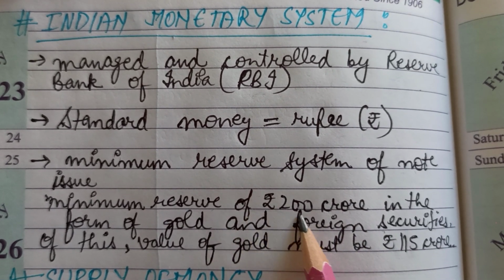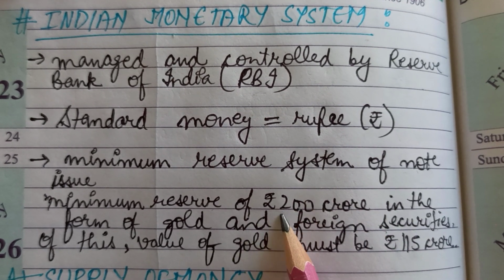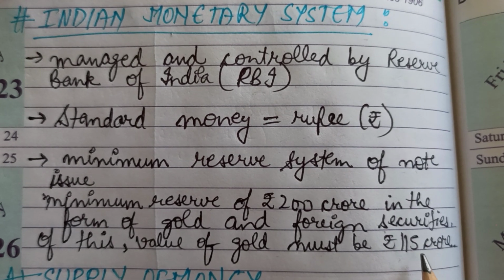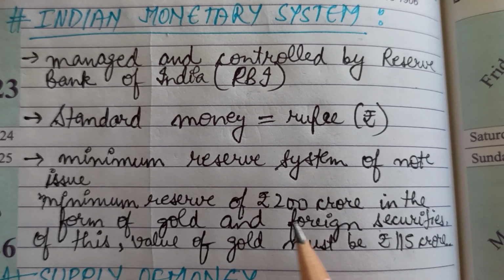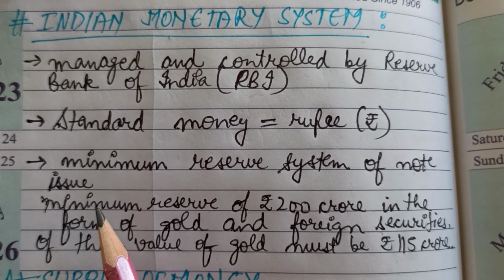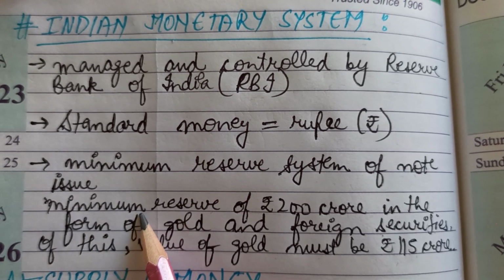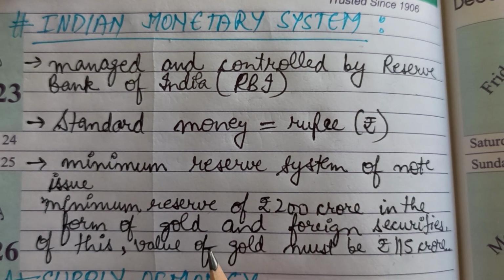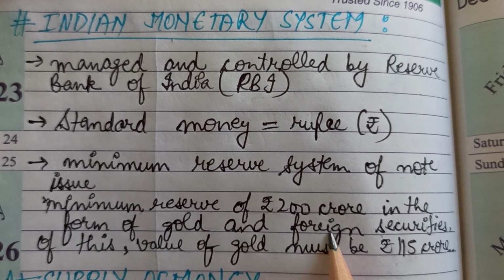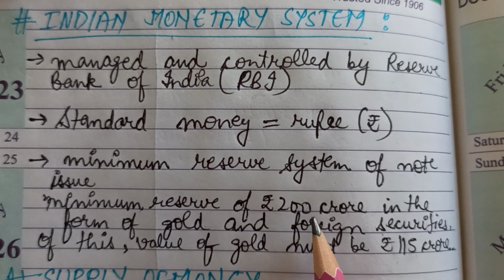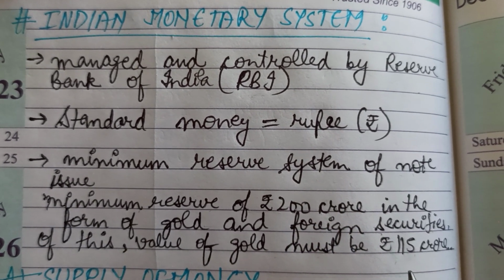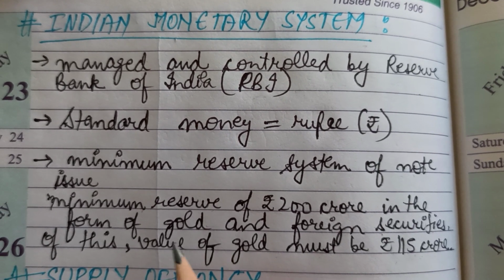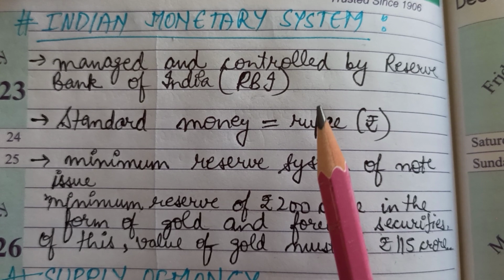Out of these 200 crore rupees, the value of gold must be 115 crore, which means that if RBI needs to keep the minimum reserve of rupees 200 crore in the form of gold and foreign securities, 115 crore must be in the form of gold. So this was all about the Indian monetary system.